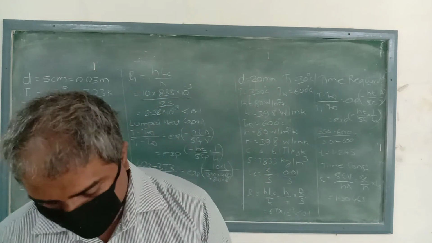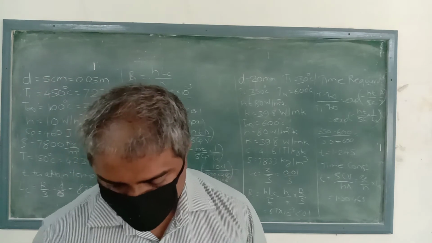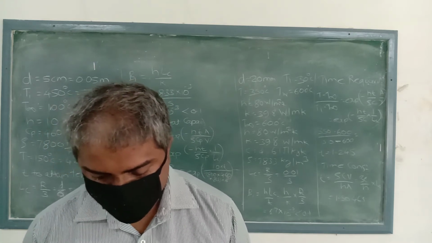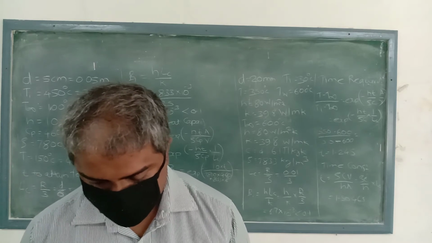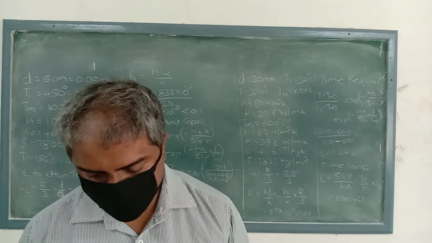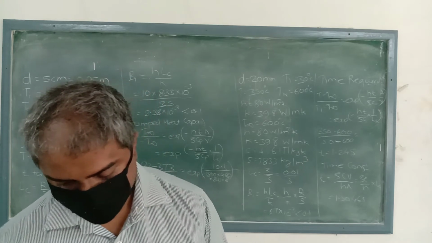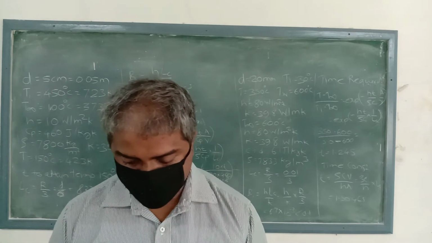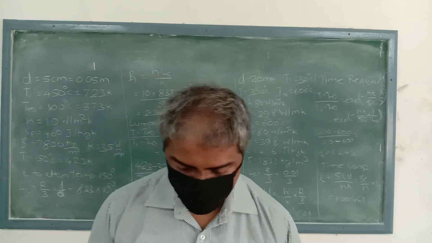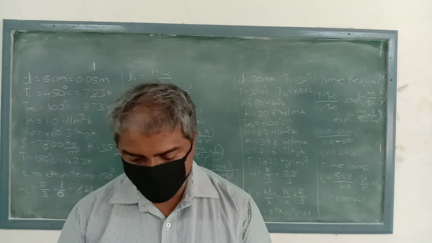Note down: an alloy steel ball of 20 mm diameter initially at 30 degrees Celsius is to be heated to 350 degrees Celsius using hot fluid at 600 degrees Celsius. The convective heat transfer coefficient is 80 watt per meter square Kelvin.